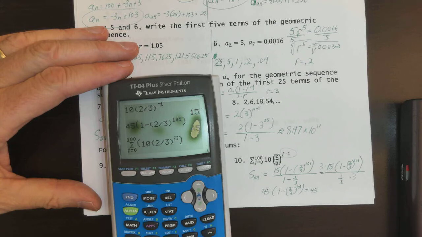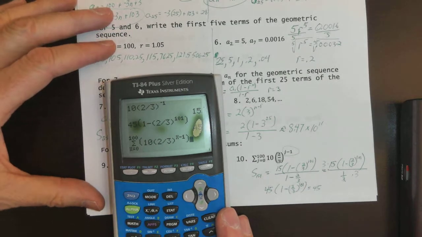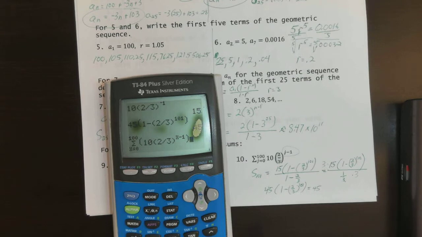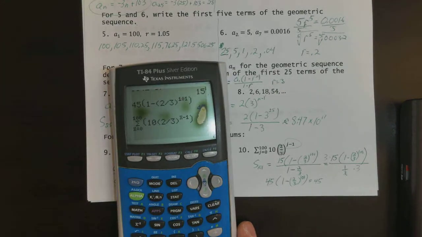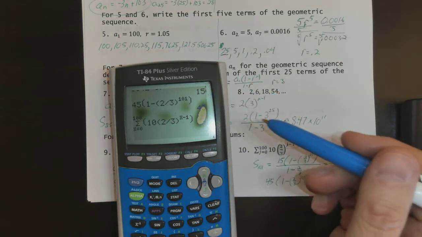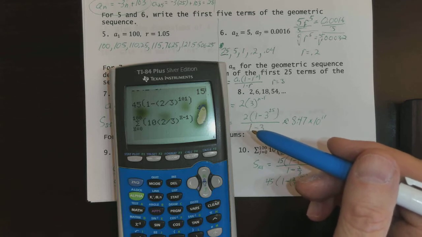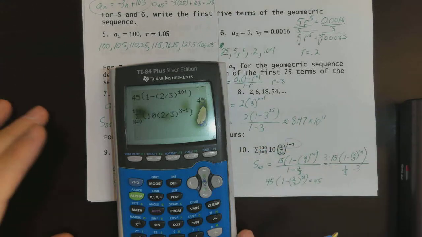To the power of x minus 1. We're asking a lot of this calculator. I think that's put in correctly. Yeah, 10 times. Okay. See, it's processing all that. Woo. All right.